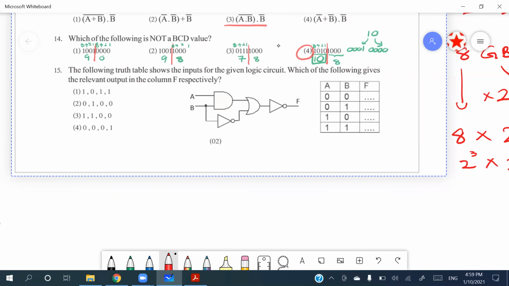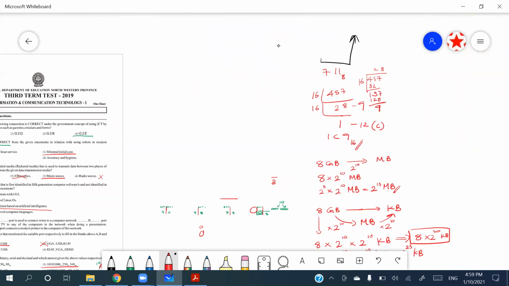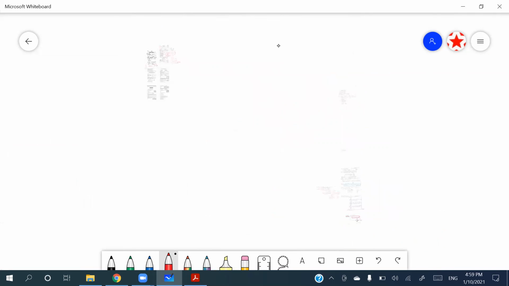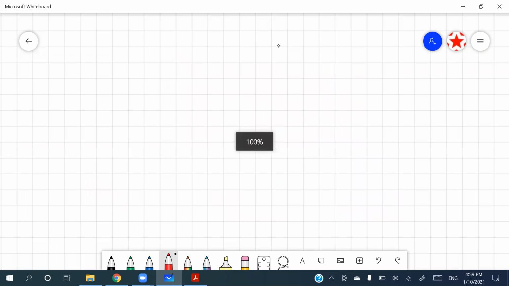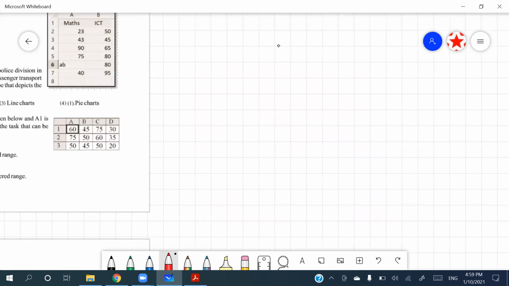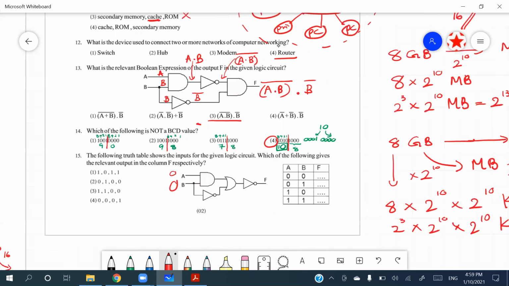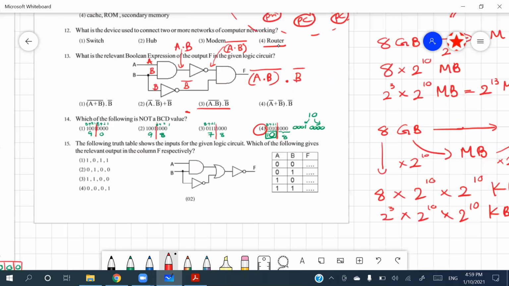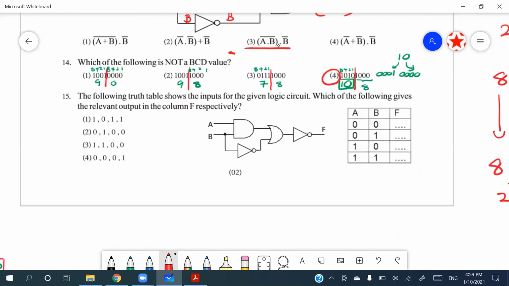So one way of solving this is dealing with ones and zeros, or you can simply have the expression and have the truth table here, right?